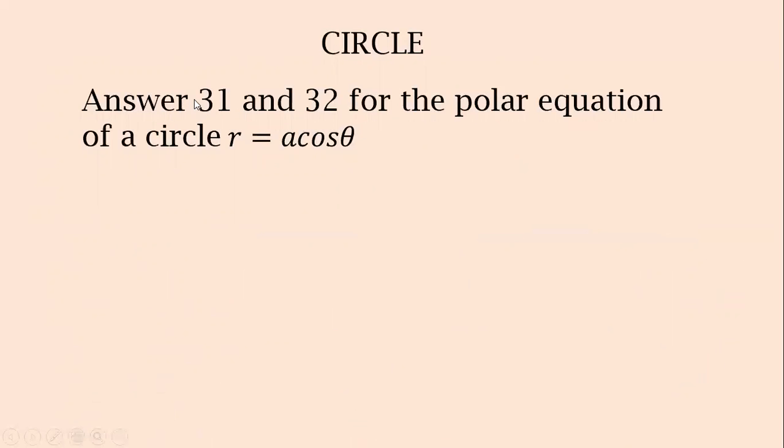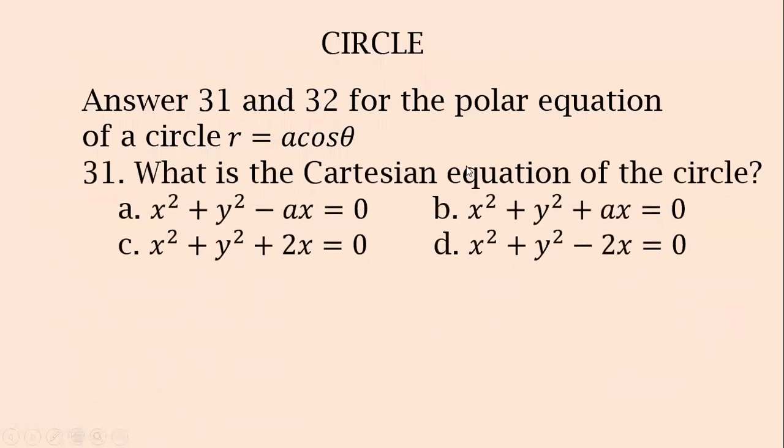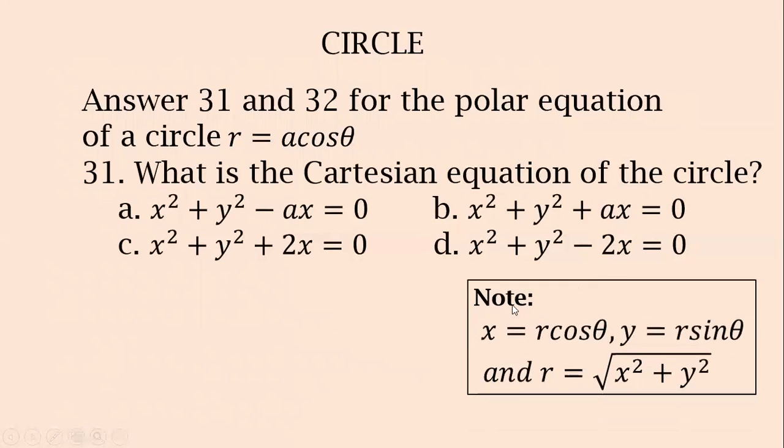Now question number 31 and 32, for this equation of a circle in polar form, r is equal to a cos theta. The first question, what is the Cartesian equation of the circle? So the relation is this: x is equal to r cos theta, y is equal to r sin theta, and r is equal to root over x square plus y square.